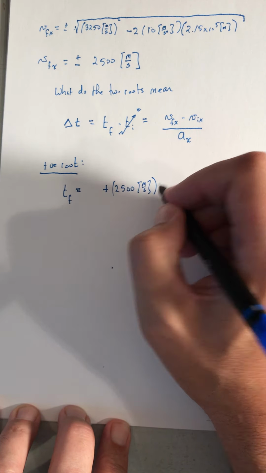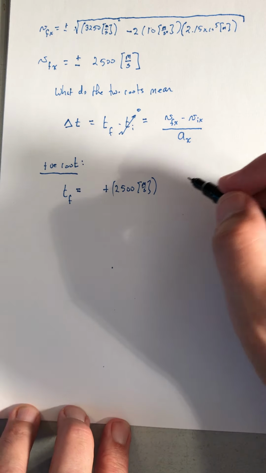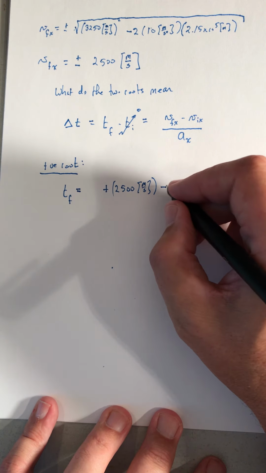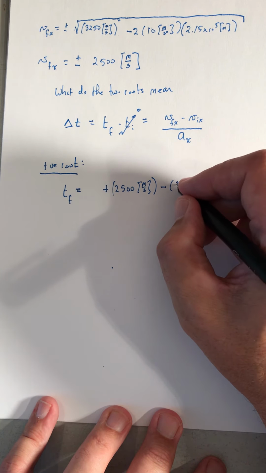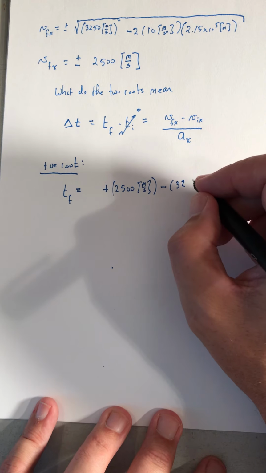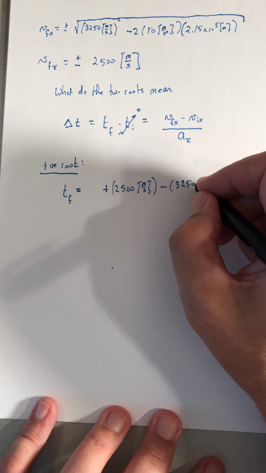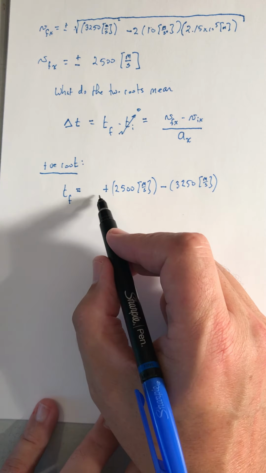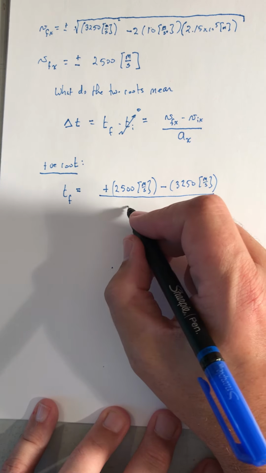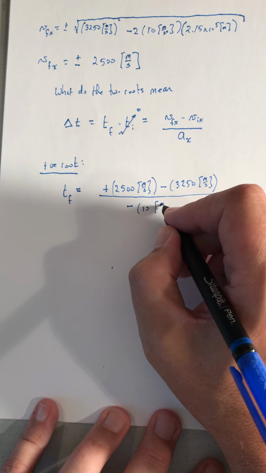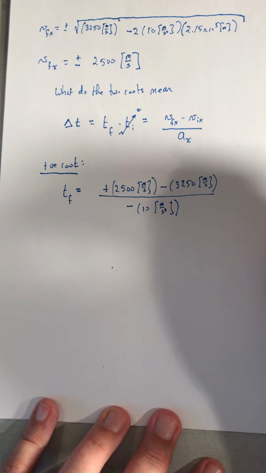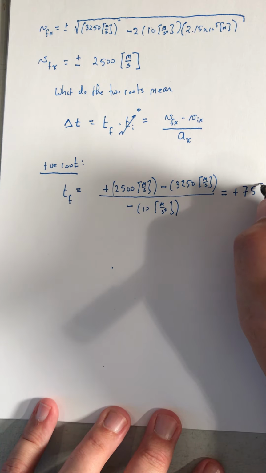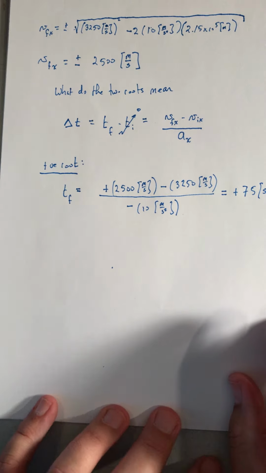So that's V final. I will have minus V initial, so I'll have minus 3,250 meters per second. And that's all over the acceleration, which was minus 10 meters per second squared. And that is 75 seconds in the future.